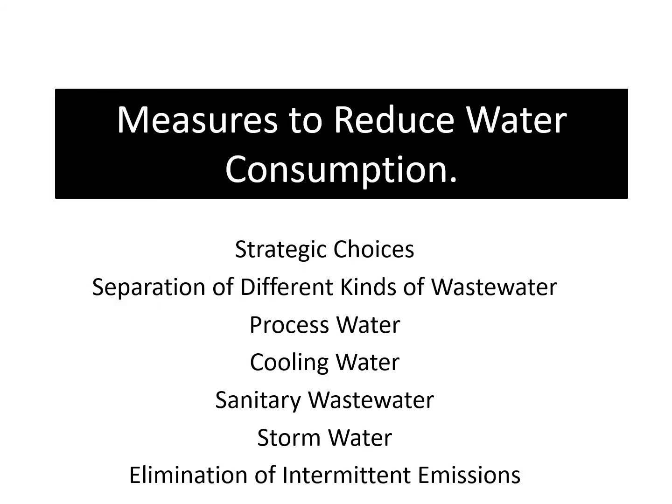Now it's about measures to reduce water consumption. So there are different processes, strategic choices and separation of different kinds of wastewater. ये वो चीज़ है जिसको अभी हम थोड़ी देर पहले डिस्कस कर रहे थे कि हर प्रोसेस इंडस्ट्री के अंदर वेस्ट वाटर जनरेट करता है और उसका जो लेवल ऑफ कंटेमिनेशन है वो भी डिफरेंट है. सो उसकी जो ट्रीटमेंट रिक्वायर्ड है वो भी डिफरेंट है.